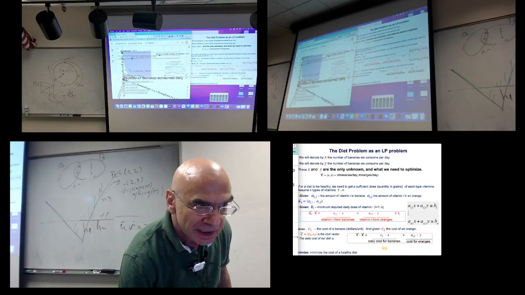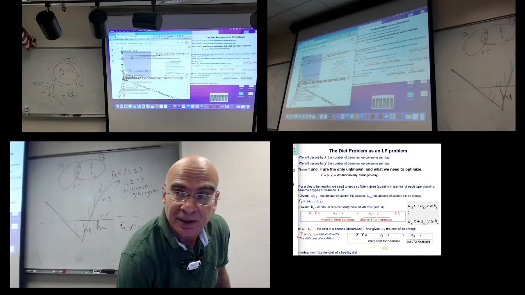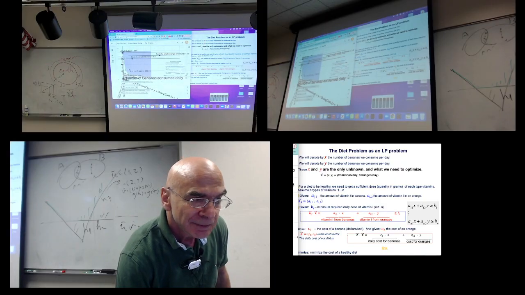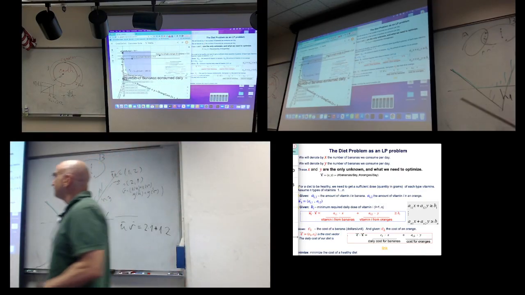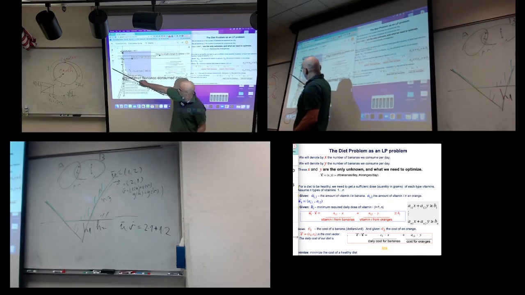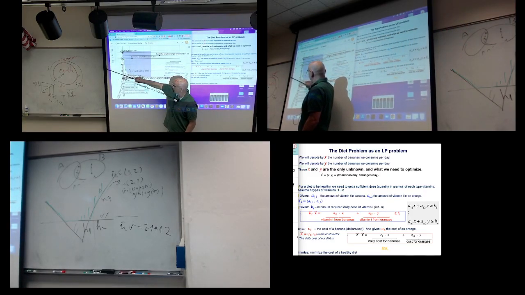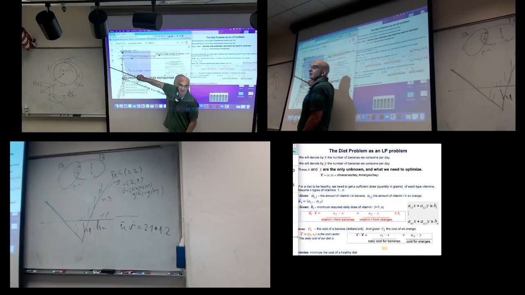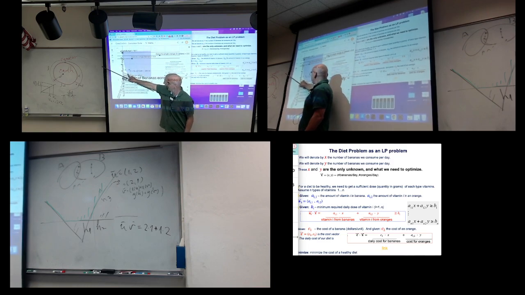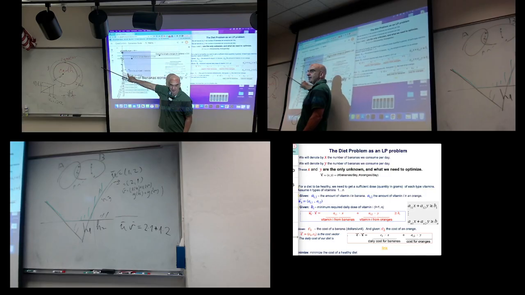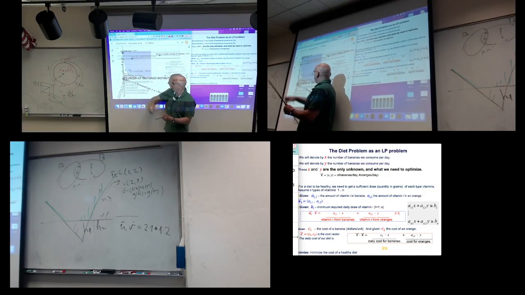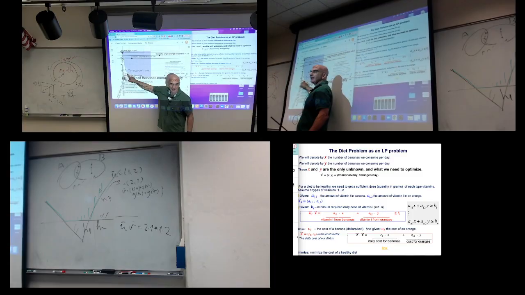As I'm slowly increasing the budget, what am I looking for? When my budget line is moving parallel to itself, I'm asking what is the first vertex of the feasible region that I hit? Because this is the cheapest healthy diet.